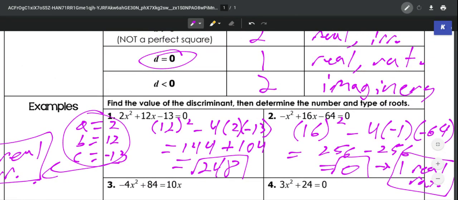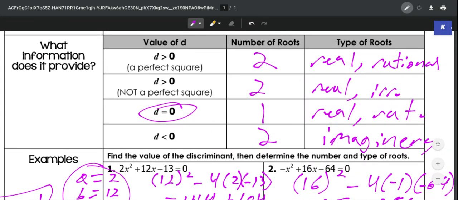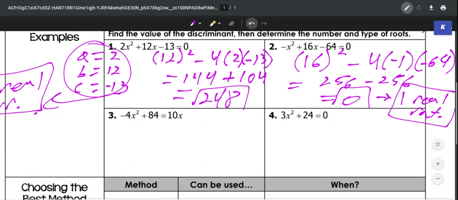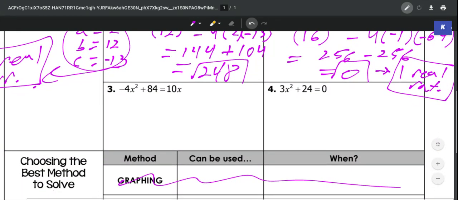So thus far we've had an example of D greater than 0 and it's not a perfect square, and D equal to 0. And D is just the discriminant. So let's look at 3 and 4.